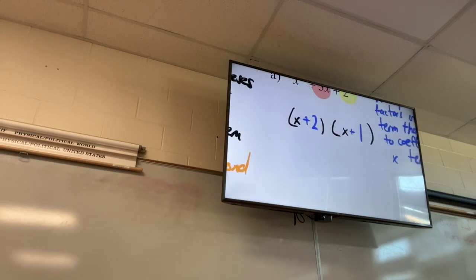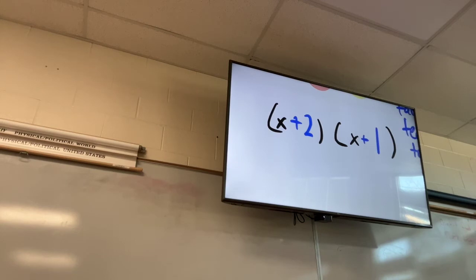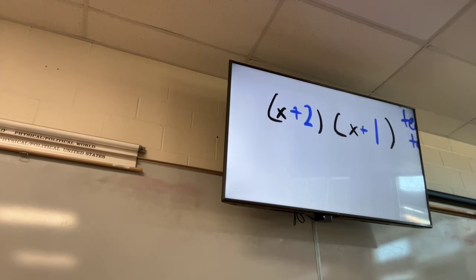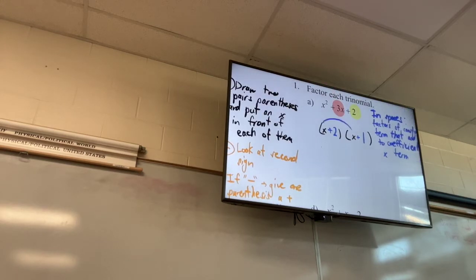How do I check to make sure I got my answer right? I want to make sure I'm factored all the way. Are there any more GCFs I can pull out? Any difference of squares anywhere? No, so I'm going to FOIL to make sure I get the original problem back. First, outer, inner, last.